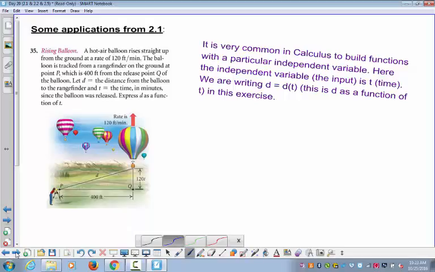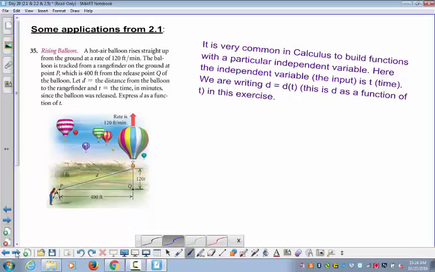And it's very common in calculus to have to write a particular variable as dependent on another. And sometimes the choice is yours. You can choose, should I write y as a function of x, or should I write x as a function of y? Sometimes it depends. Sometimes one is better than the other based on the context.